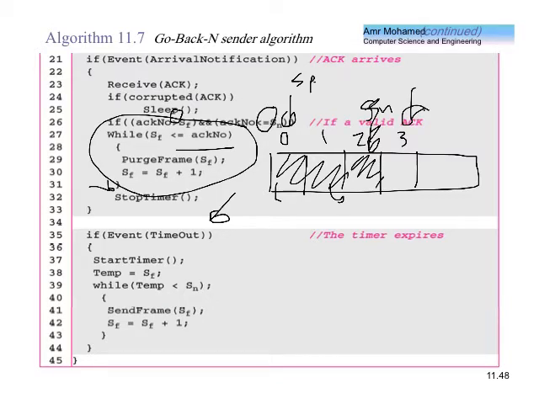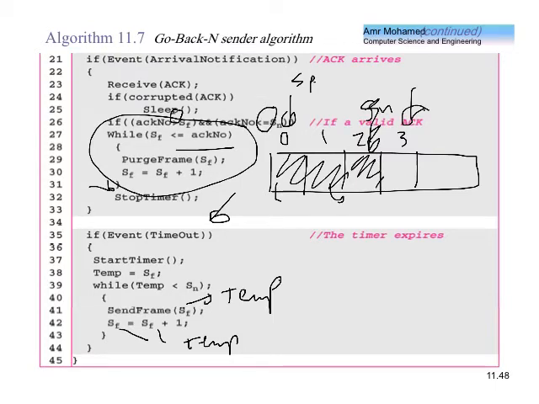And here there is a slight problem in the book, by the way. I will point this out because this is temp, and this is temp, not SF, and I'll show you why.